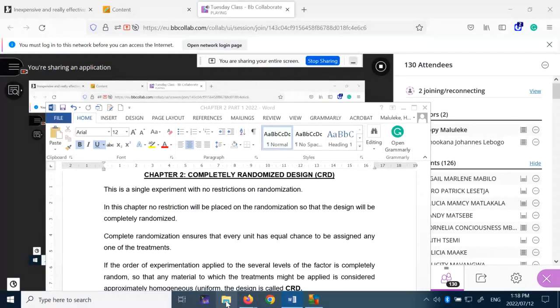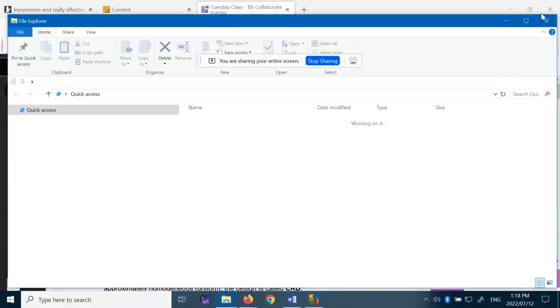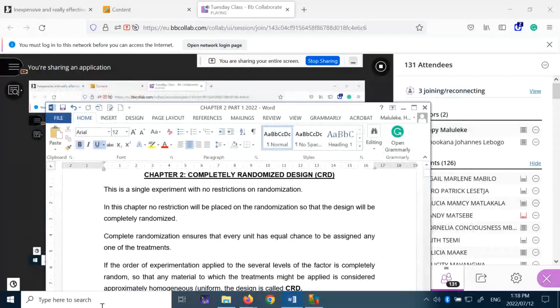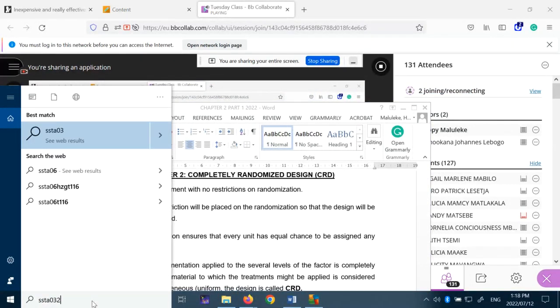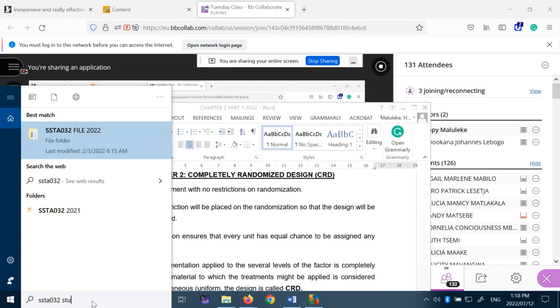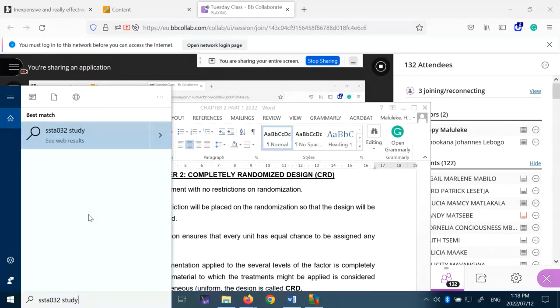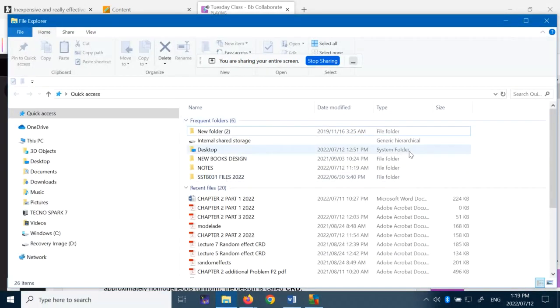That means now I must open the study guide because we have to go through those advantages. So allow me to open the study guide now. Those who have the study guide, please open it.